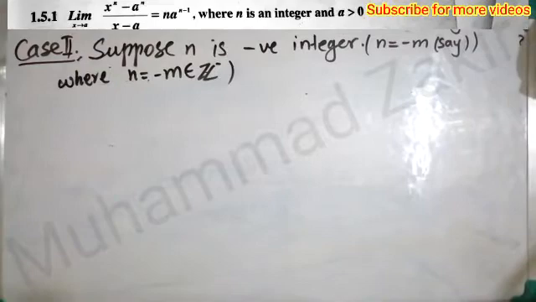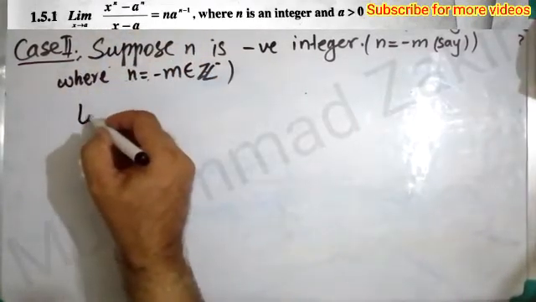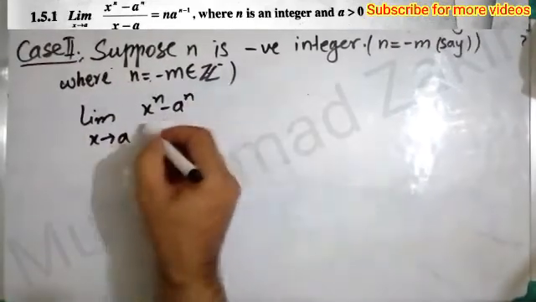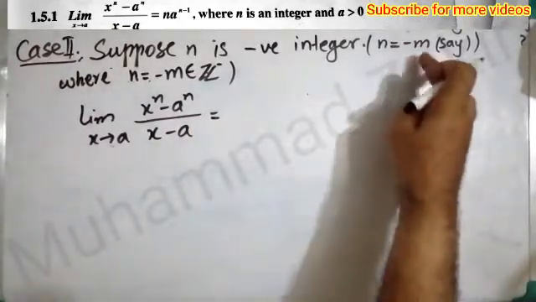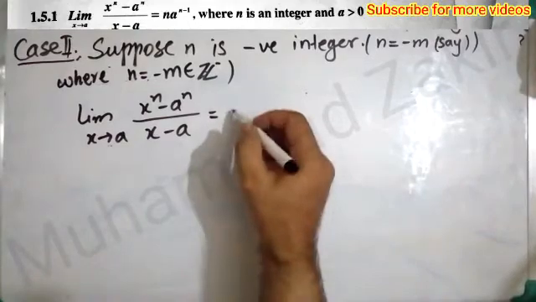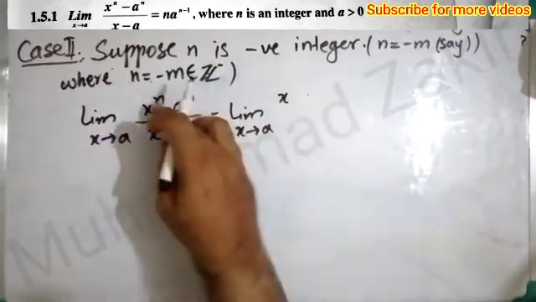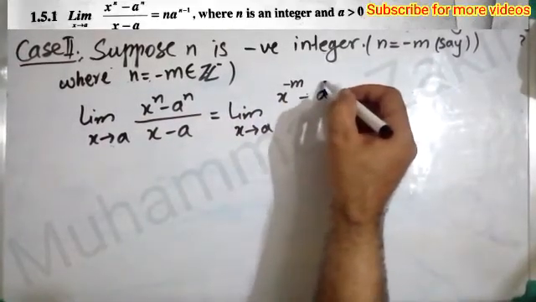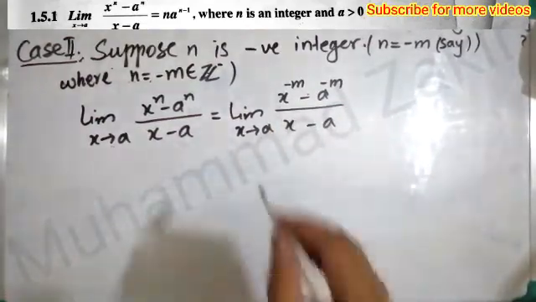Now students, again we have to evaluate the limit under this condition. Look at it, this limit is to be evaluated: limit x approaches a, (x^n minus a^n) by (x minus a). This time n is equal to minus m, a negative integer, so this will be replaced: x^(-m) minus a^(-m), divided by x minus a.